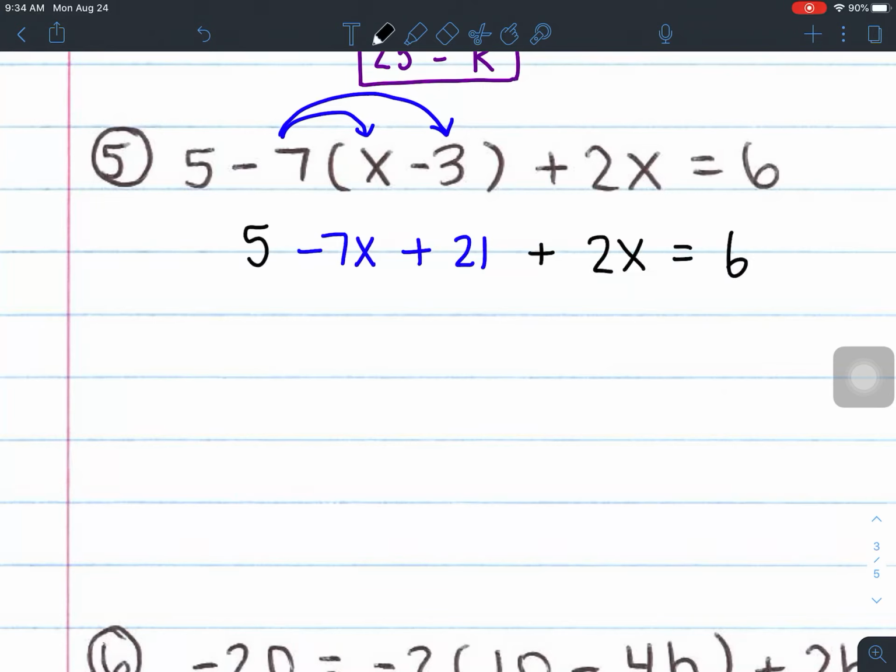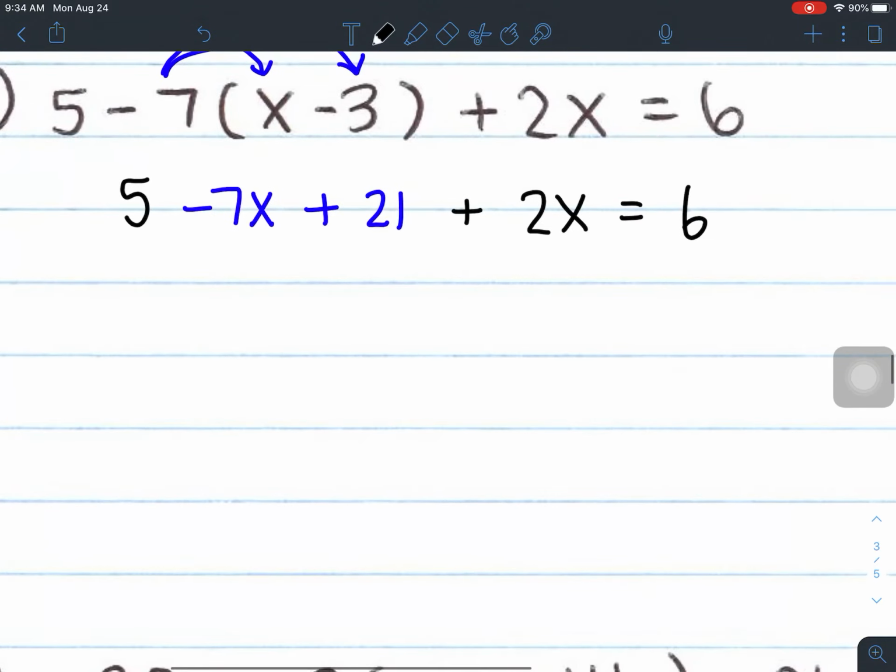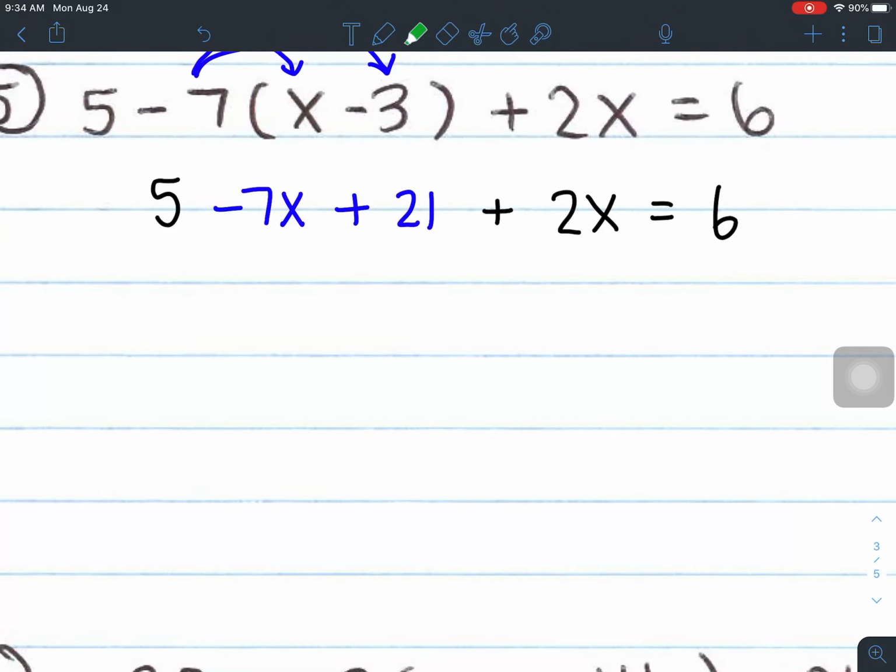All right, so let's see what we can do next. Well, I could combine like terms. What do I notice here? I have x's that are the same. We have negative 7x and then positive 2x. How can I combine those?